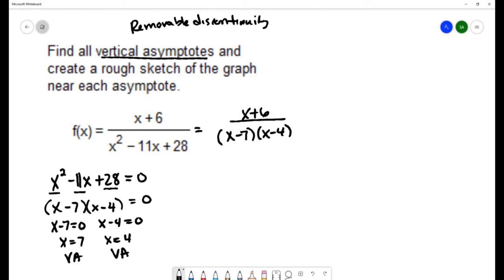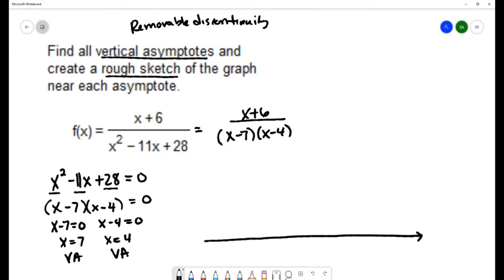And then we want to draw a rough sketch of the graph near each asymptote. So there are a couple ways that we could come up with this rough sketch. One of them is with something that we call a sign chart. So what we're going to do is draw a number line.